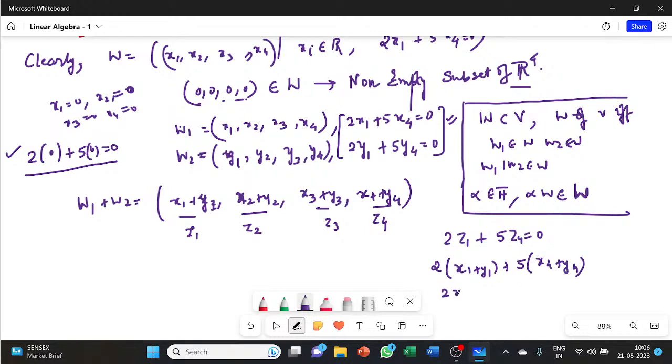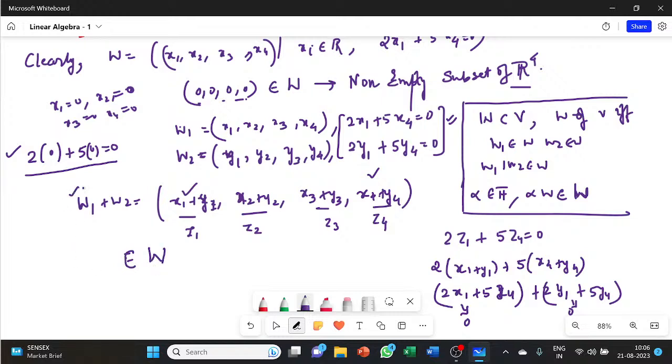So clearly I can write it as 2 times x1 plus 5 times x4 plus 2 times y1 plus 5 times y4. It is also equal to 0. Therefore, it implies 2z1 plus 5z4 is equal to 0. It implies that it belongs to W.